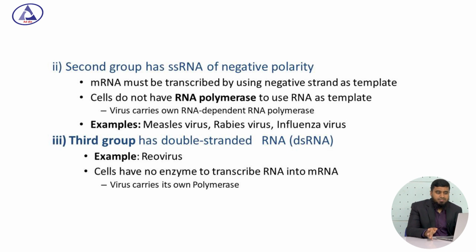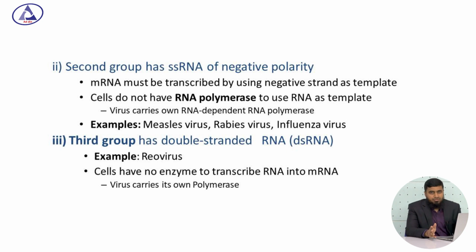This second group includes viruses such as measles, mumps, rabies virus, and the orthomyxovirus family such as influenza virus. In this case, the virus must have RNA-dependent RNA polymerase to produce the positive strand from the negative strand genome, as the negative strand genome cannot be used as a template for genomic replication.